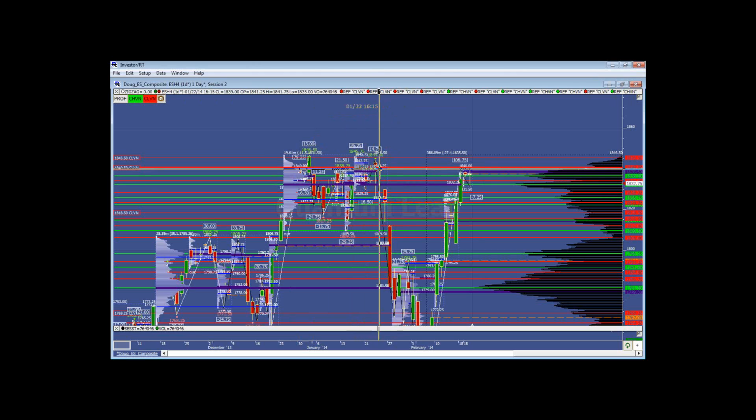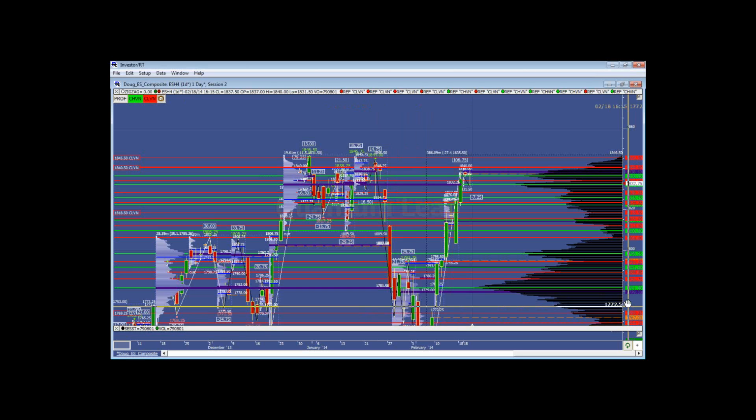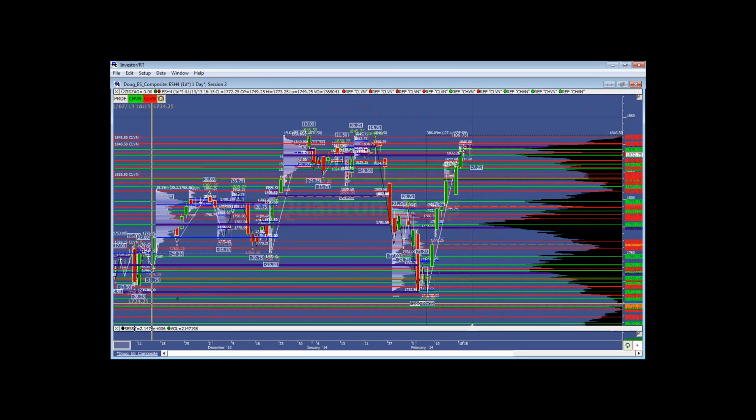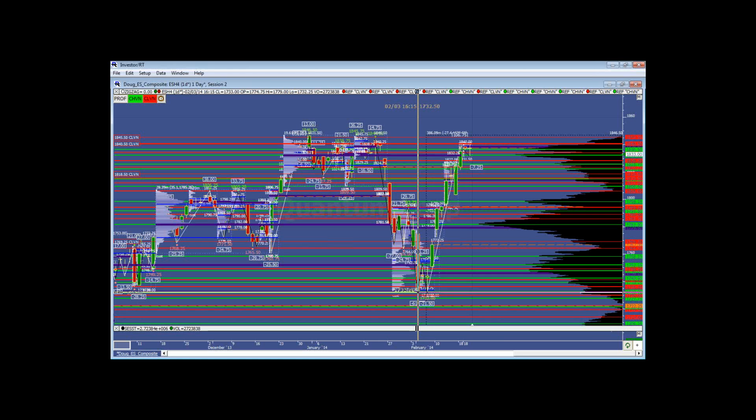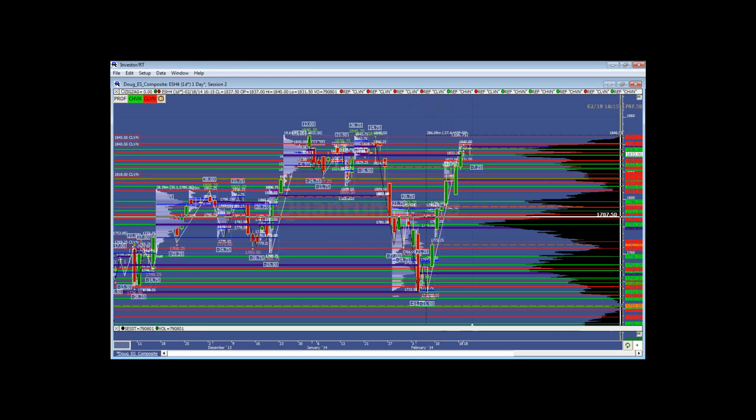The last area they were trying to hold was at 1838.75. Then they fell out, went all the way down, hit our lower targets at 1832.50 right to the tick, and found the buyers that we were looking for, and then slowly worked their way up, stair-stepping their way up.